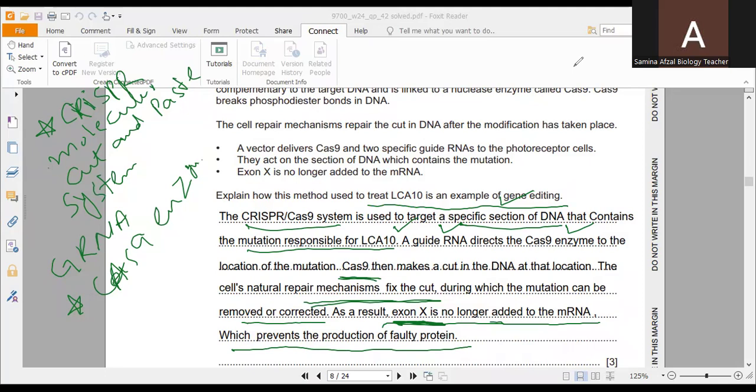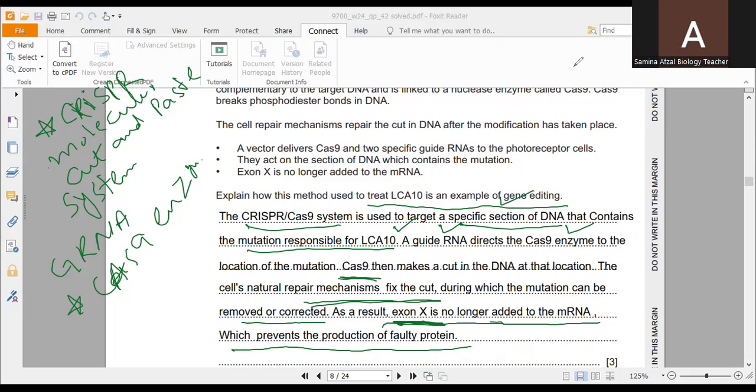CRISPR Cas9 allows for highly specific targeting of a particular DNA sequence at the site where the mutation is. Then there is direct manipulation of DNA. The Cas9 enzyme directly cuts the DNA at the targeted location, altering gene expression by modifying the DNA sequence through small insertions or deletions. We can insert, we can delete.